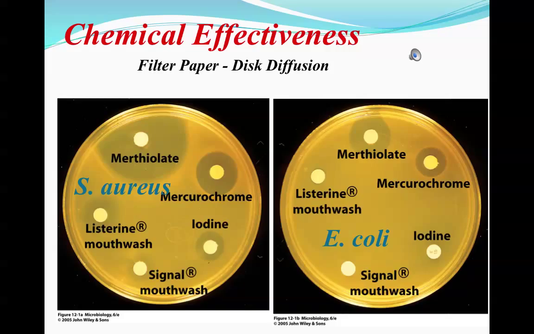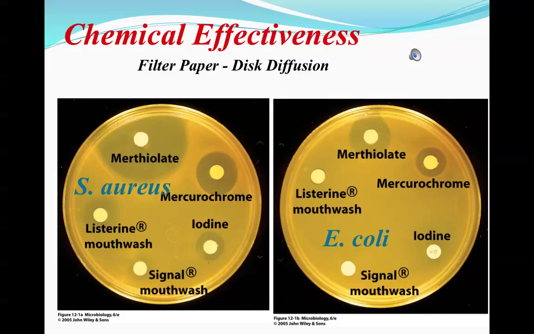If we see no growth of bacteria around the little paper discs, that gives us an indication that this particular chemical is probably a very effective disinfectant, or antiseptic, depending on the safety of use on skin of that particular chemical.